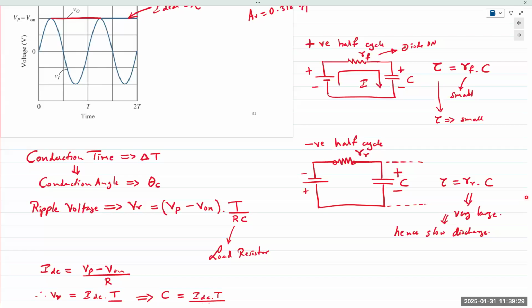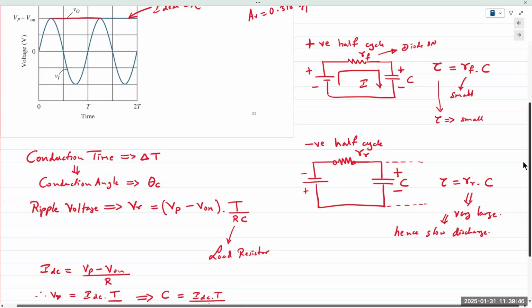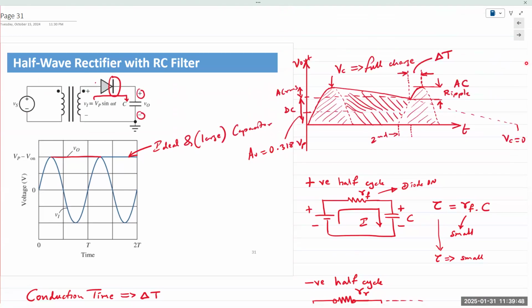Ideal diode, it's an open circuit. Real life diode, reverse saturation current, very high resistance. Capacitor is disconnected or starts to discharge slowly through that resistor or through that diode. So here's that discharge line.